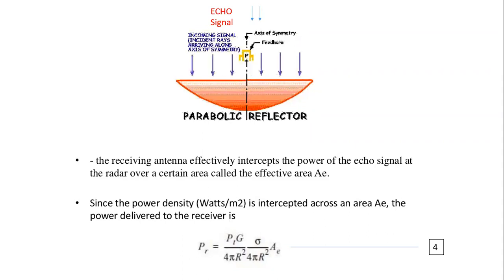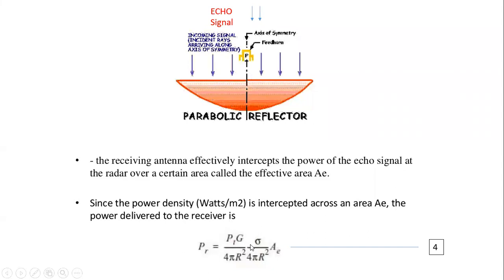And now we are saying that the area of the antenna that is intercepting that echo signal, we are calling it AE. Now with that, what happens? This power density intercepted across this particular area will be multiplied by the equation that we have got. So the power density that till now we have received is multiplied by that effective area. So that makes it Pt.